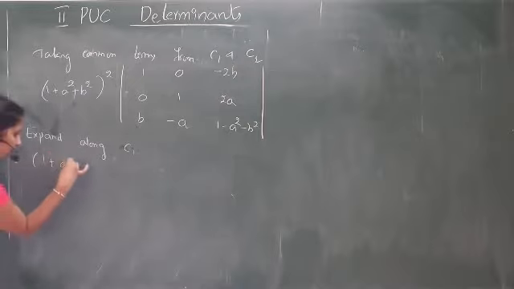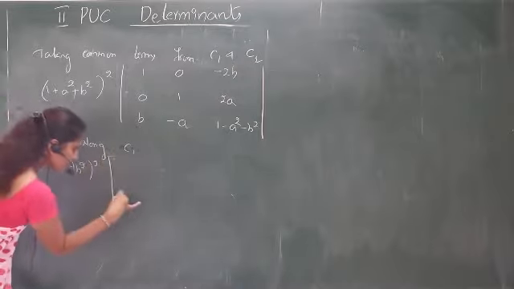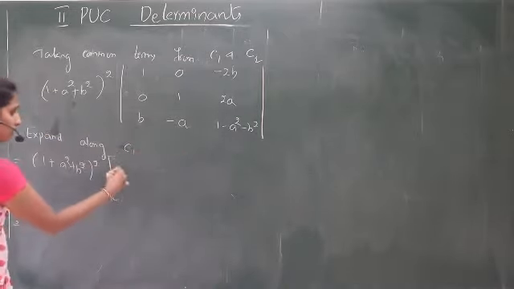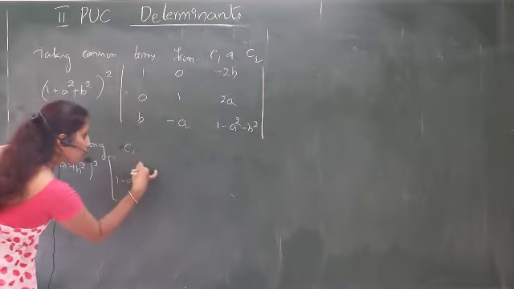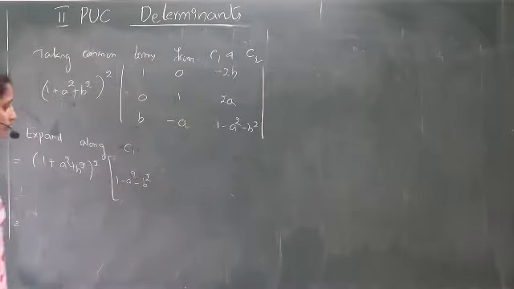1 plus a square plus b square whole square into 1 into these terms, 1 minus a square minus b square.